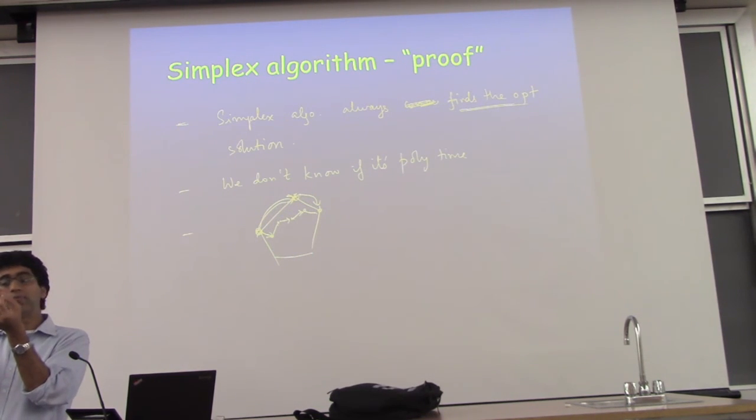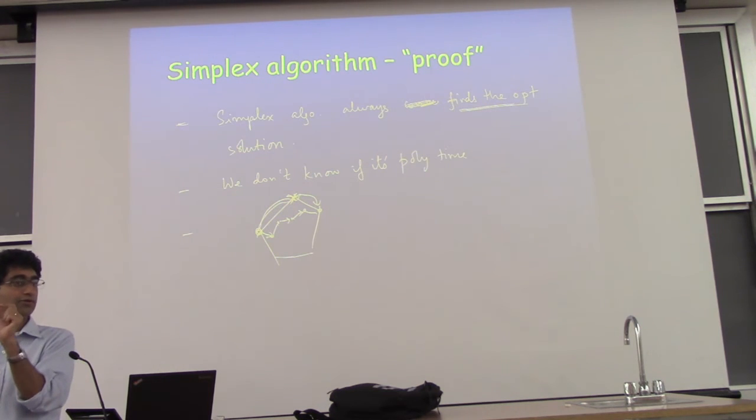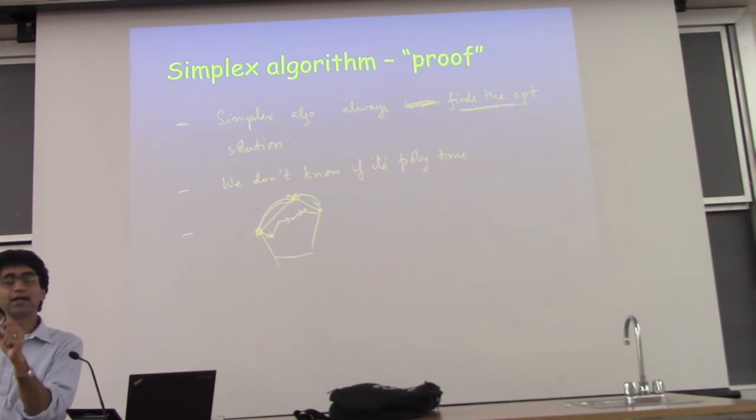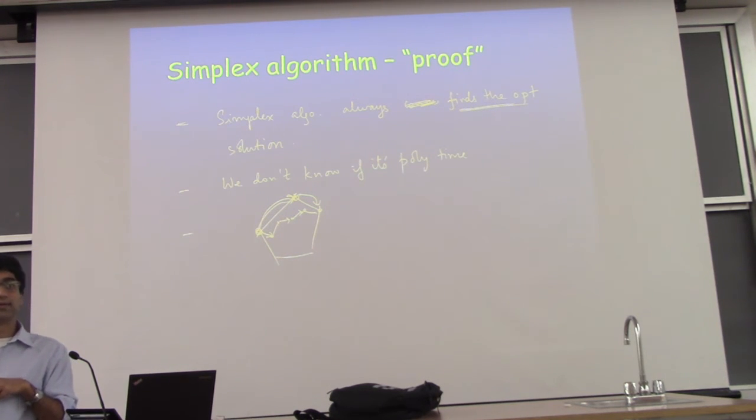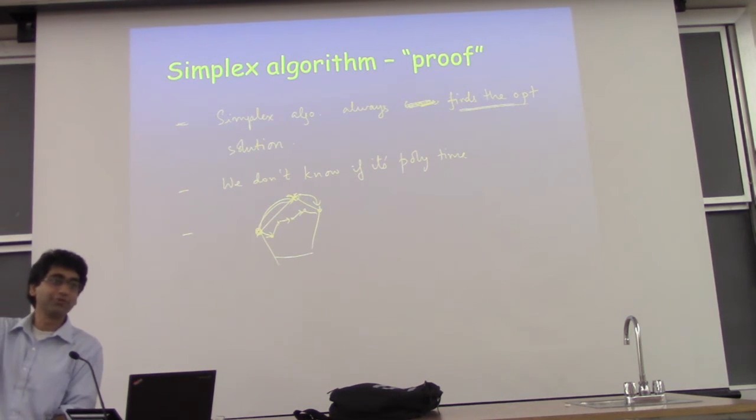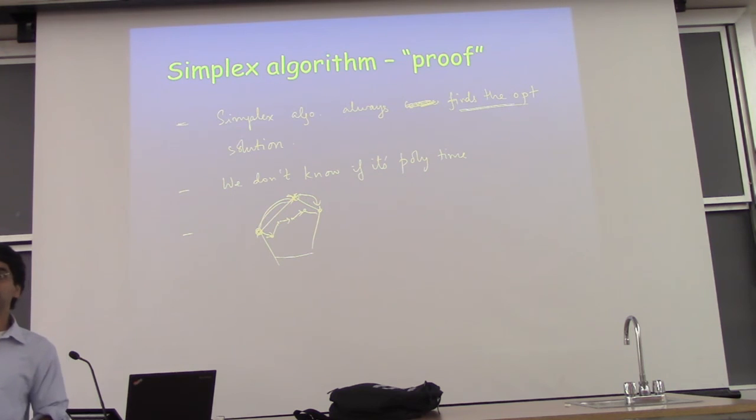And now, a neighboring vertex is one in which n minus 1 of these inequalities remain the same. The nth one is different. So you change one of these inequalities. That's how you would define a neighbor. In this way, you have only a small number of neighbors by definition. And this corresponds to the geometric notion of neighbor, where you walk along one of these edges. All these statements are intuitively pretty easy to see, but to prove them we actually require some work. So that's why I'm not doing it.